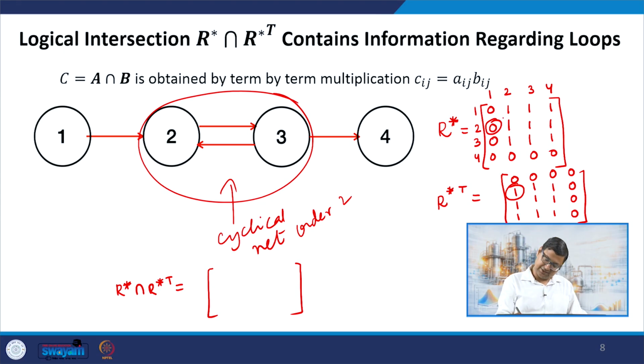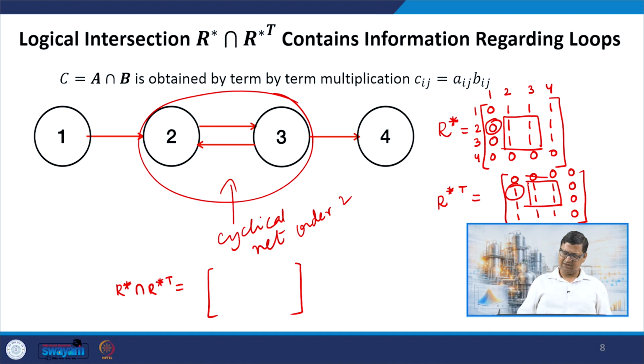But if I look at these 4 elements, these four elements are present as 1 in both R star and R star transpose. So, what do we see? This will give me 0 0 0 0, 0 1 1 0, 0 1 1 0 and 0 0 0 0.